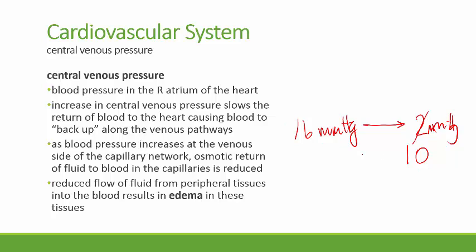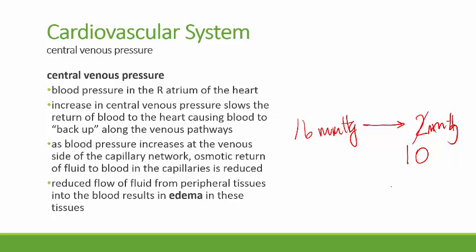We only have 6 millimeters mercury difference between the capillary networks and the central venous pressure. So it's going to be harder for blood to get back to the heart. It creates a little backup along those venous pathways.